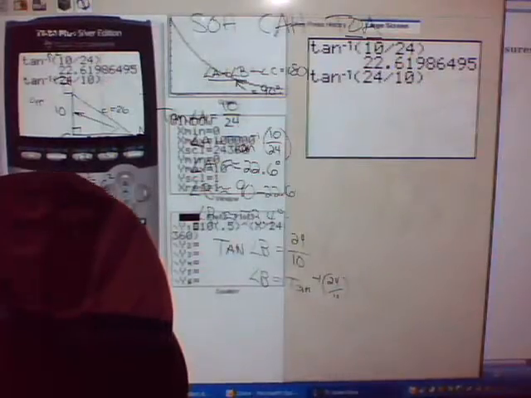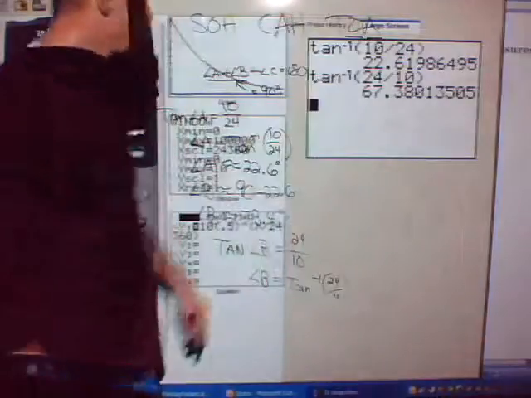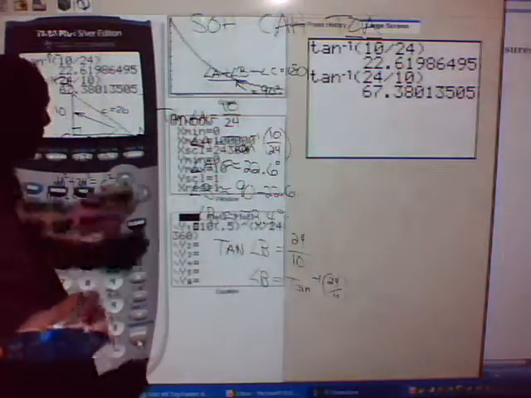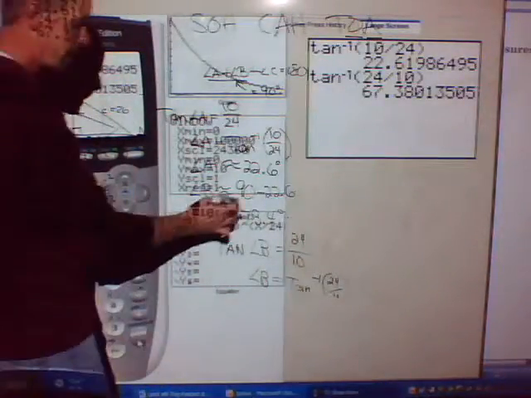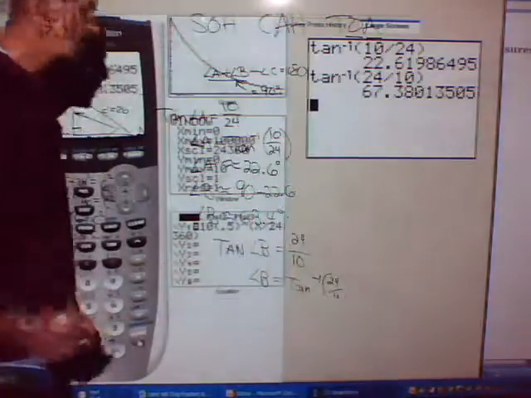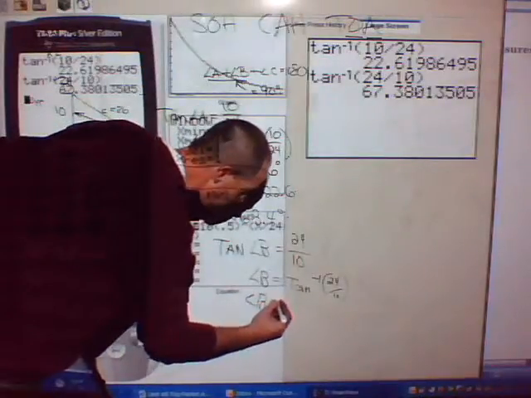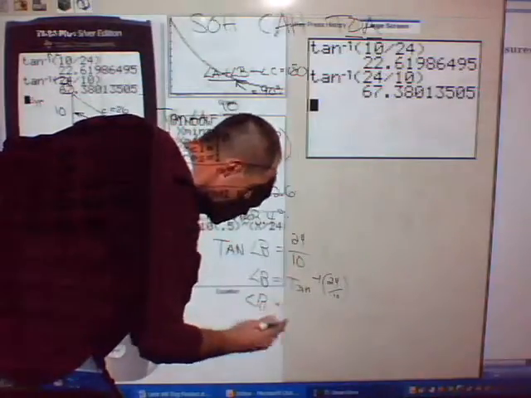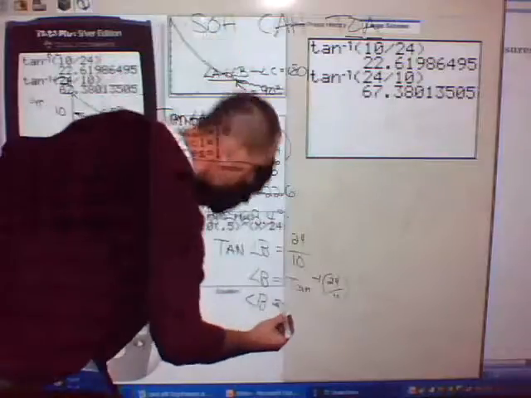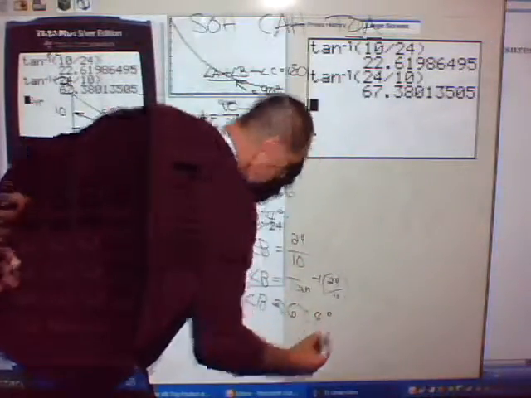What do we get? You get 67.4. Haha. Look, I subtracted wrong. Isn't that a good thing? We verified that. You would think I would have done that on purpose. So this is approximately 67.4 degrees.